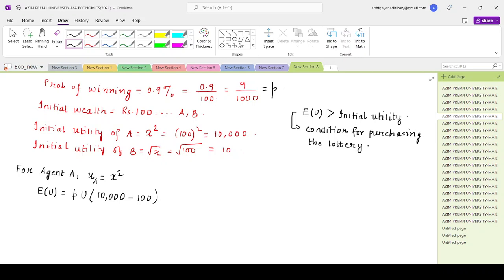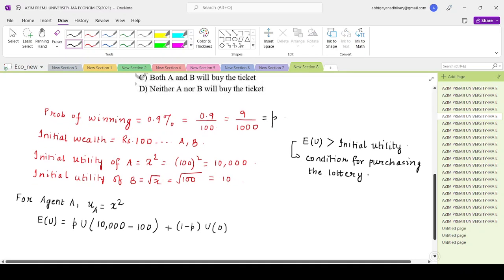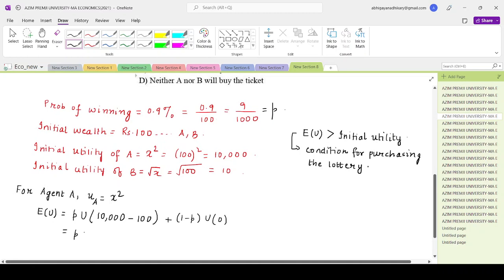This is the trade-off. Plus 1 minus P into utility of 0 because he doesn't earn anything. So that is P into utility of 9900, right? So your P is 9 by 1000 multiplied by 9900 whole squared. Correct? This is what we need to evaluate.